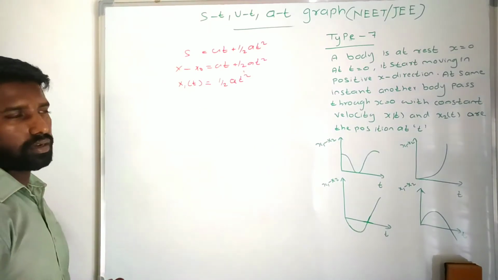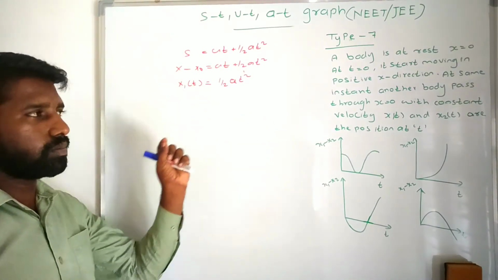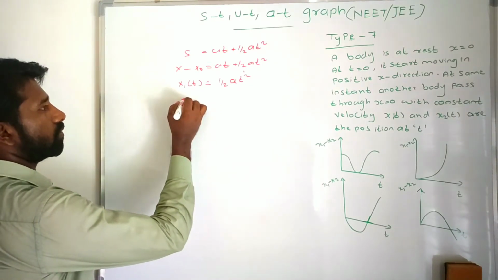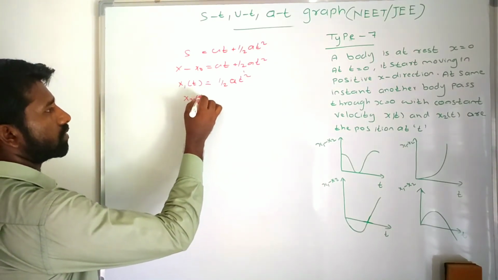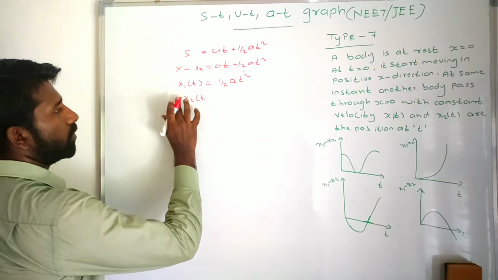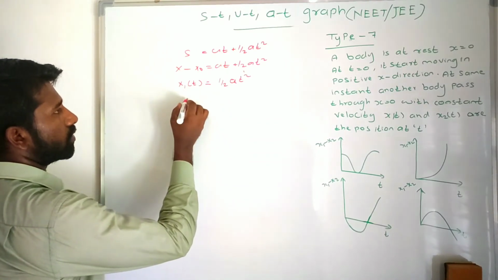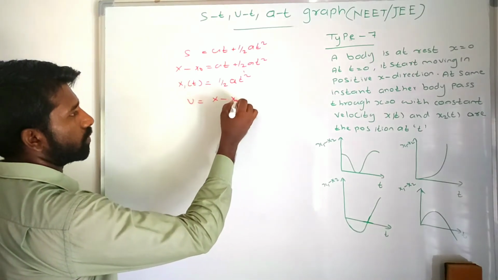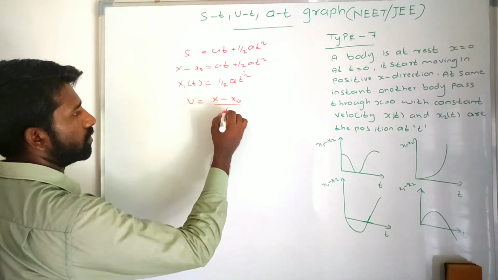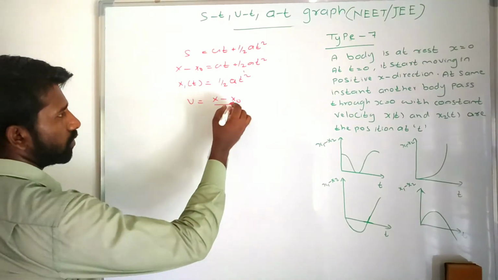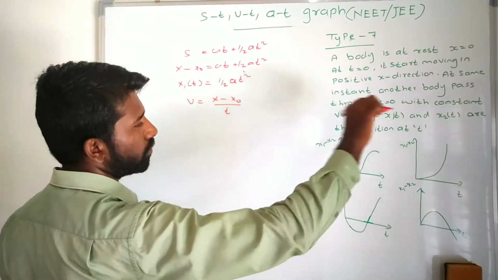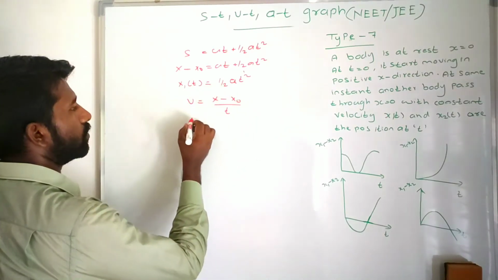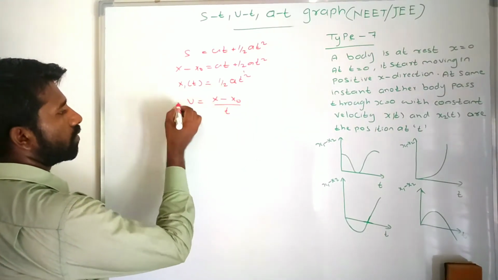Okay. Then the next body, the second body, is going with constant velocity. Constant velocity means v is equal to displacement divided by time, that is x minus x0 divided by t. Okay, so it passes through the origin, so x0 is 0.